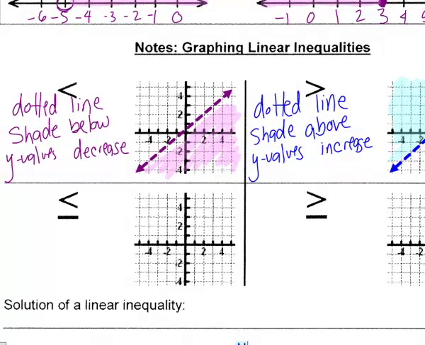This one down here, we have a less than or equal to sign. So instead of a dotted line like these two up here, it's actually going to be a solid line. So I'm going to go ahead and draw that.